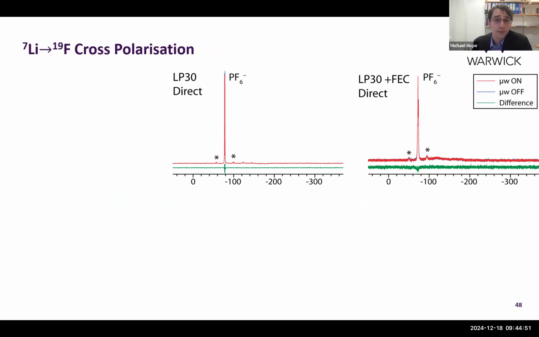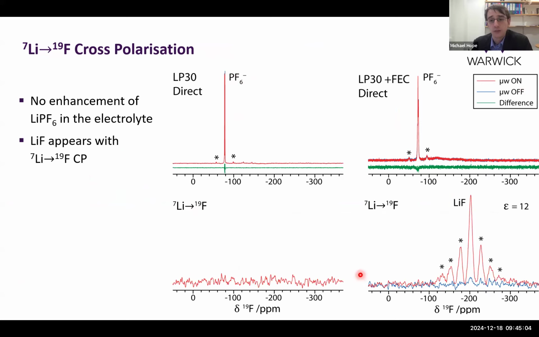And we can also do fluorine. So if you do direct fluorine, you just get the PF6 anion in the electrolyte. Again, that's not enhanced because it's not in contact with the metal. Whereas if you do cross-polarization, for this sample we don't see any signal, but with the added fluoroethylene carbonate, we now see a signal from lithium fluoride.